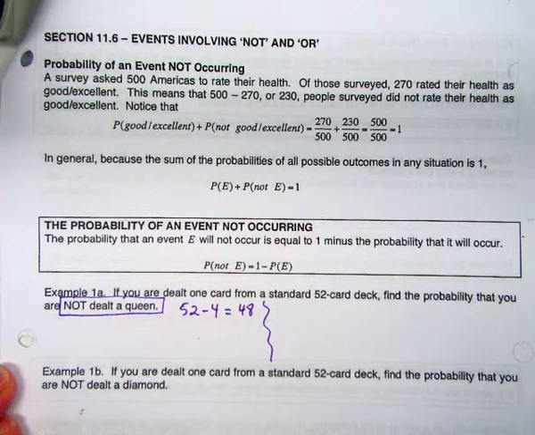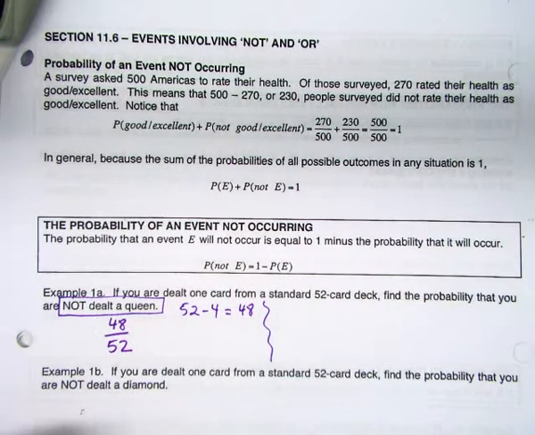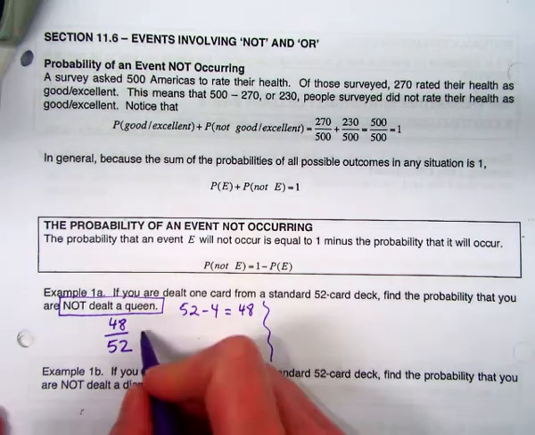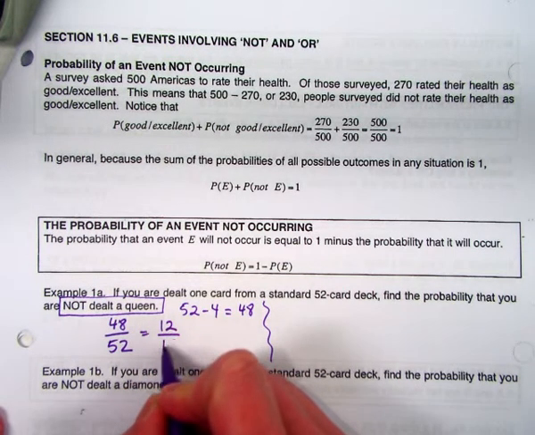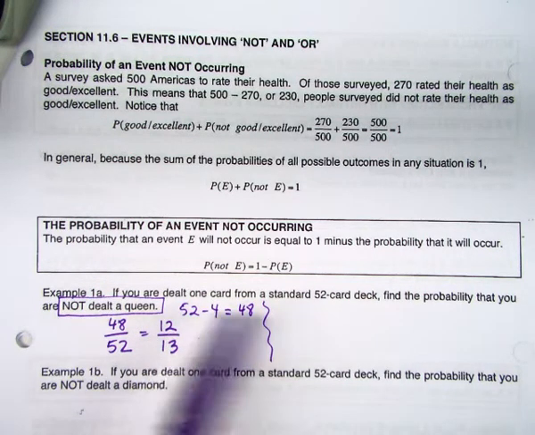And so now what's the probability of not getting a queen? 48 out of 52, which is, please reduce this on your calculators. You need to be good at reducing these. 12 over 13.